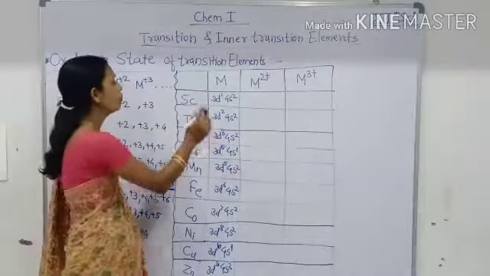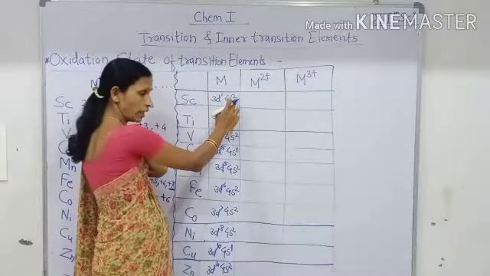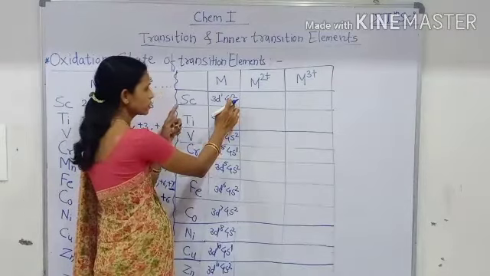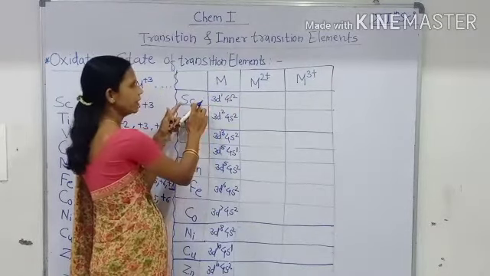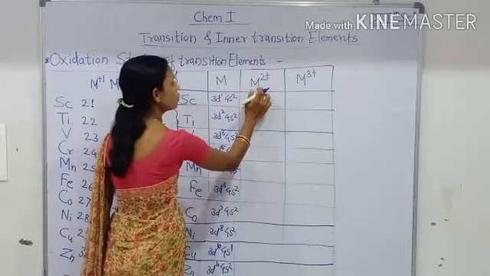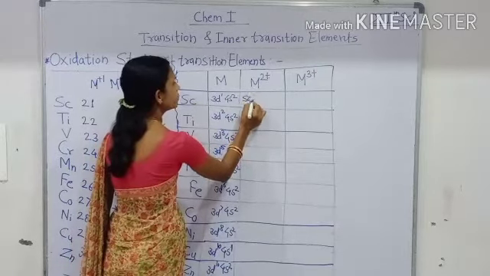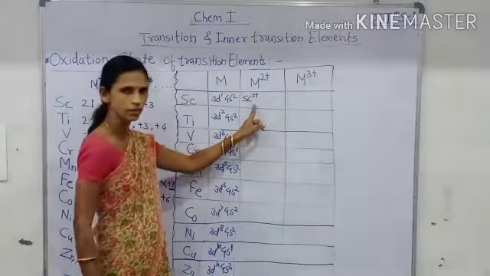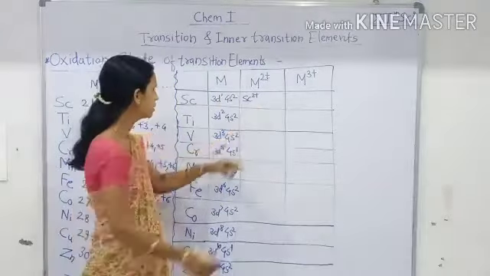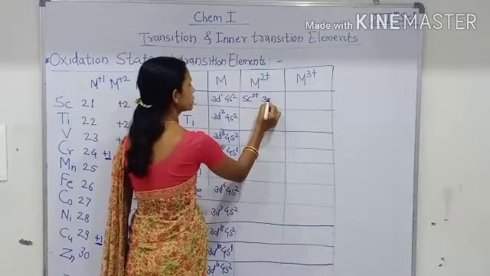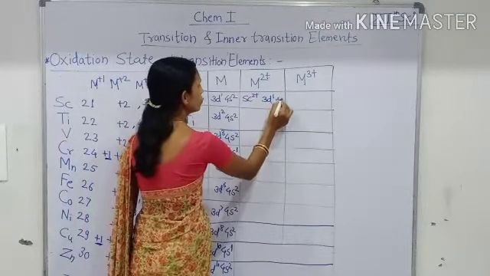Then when 2 electrons from 4s are lost by the atom of scandium, it forms the scandium 2 plus ion, which has electronic configuration 3d1 and 4s0.